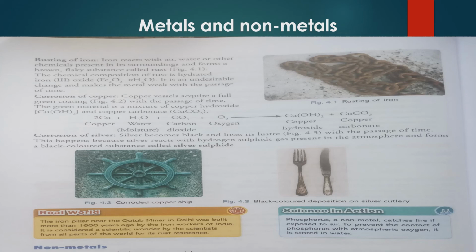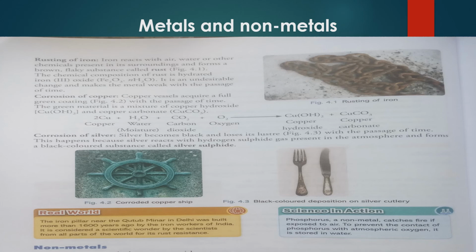Two compounds together attack this copper and they form a layer over the surface of copper, and that is green in color. The reaction we can see here: copper reacts with the moisture, meaning water, and carbon dioxide present in the surrounding, and oxygen also, then copper hydroxide and copper carbonate form and they form a layer on the surface of copper which is green in color, and that is not desirable for us.